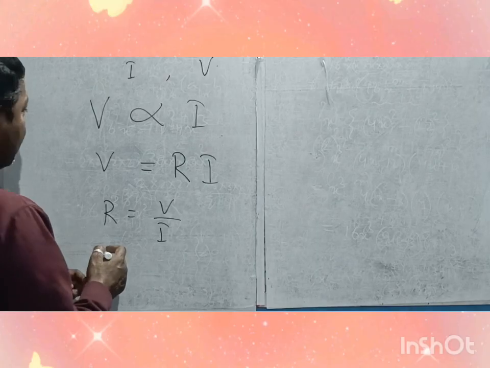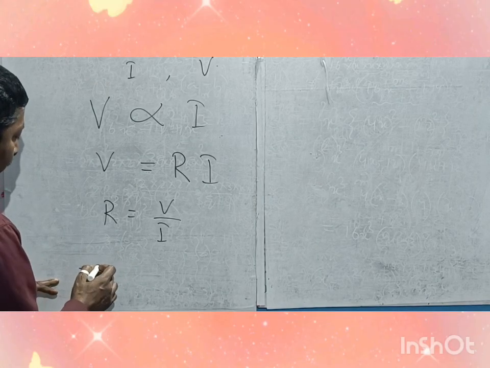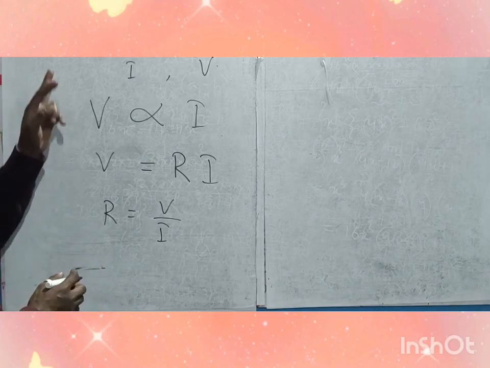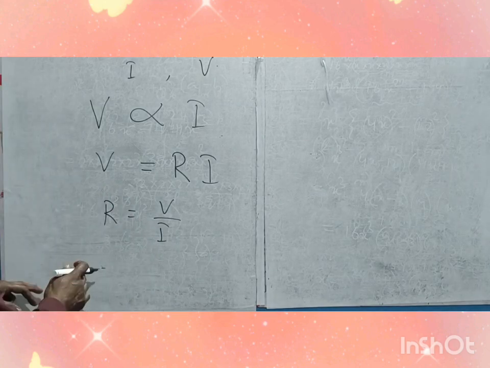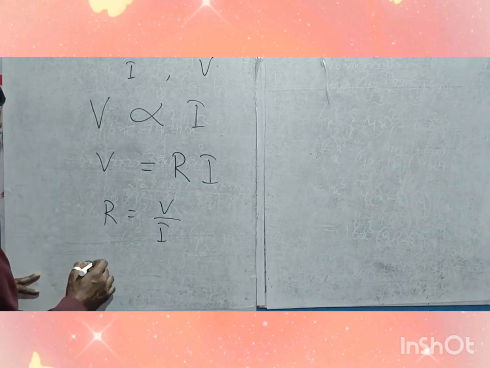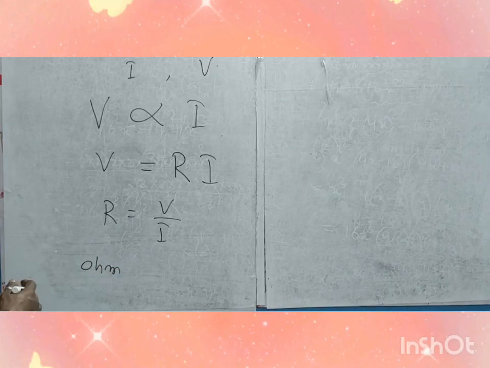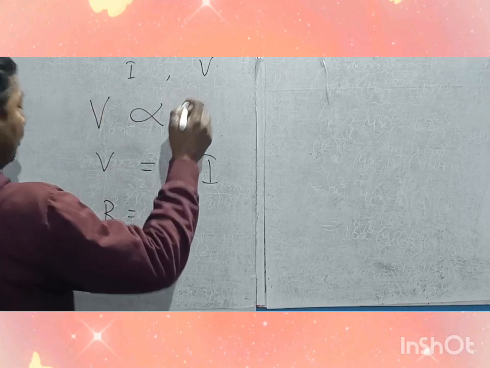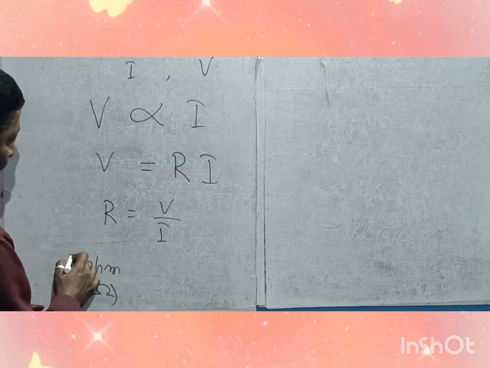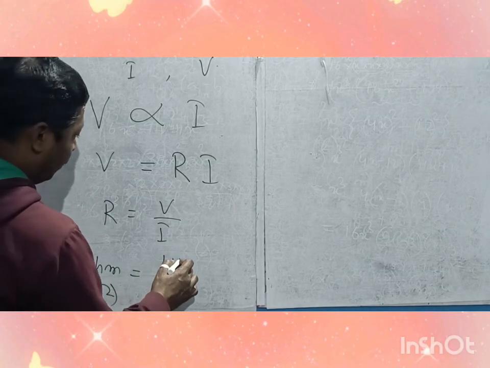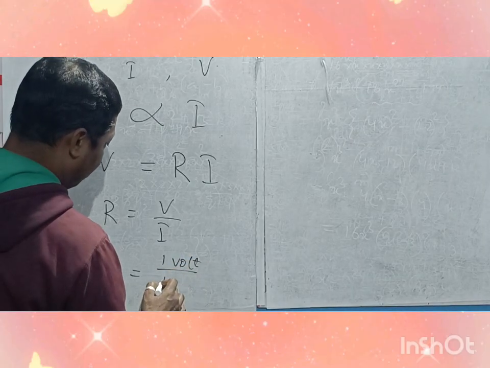So the unit of resistance is ohm, according to the scientist Ohm. The ohm unit is declared for resistance, and the sign of ohm is like this. 1 ohm equals 1 volt by 1 ampere.